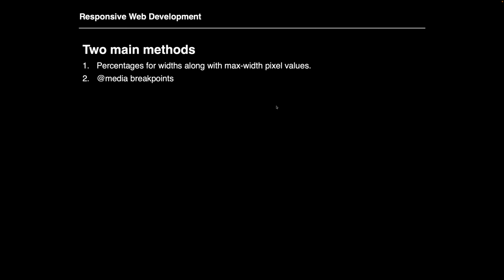That's what you can use media query breakpoints for. So the combination of these two things, percentages with max width values and media query breakpoints, is really the basics and base behind responsive web development.